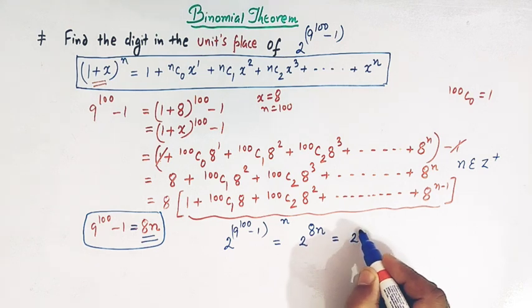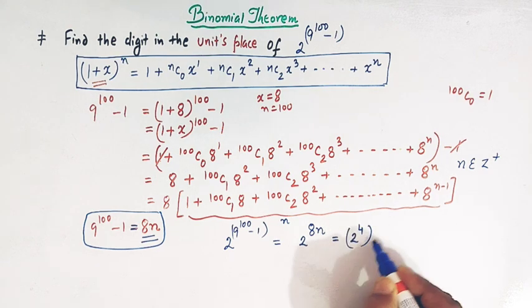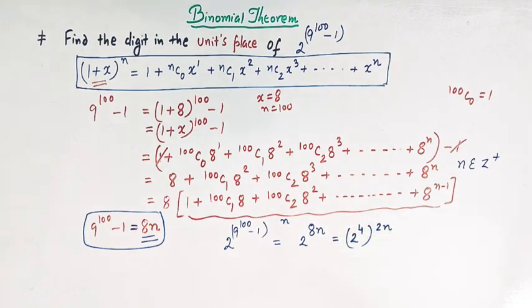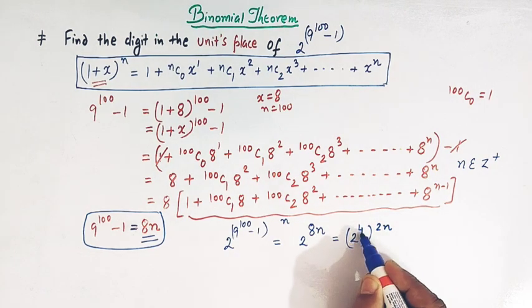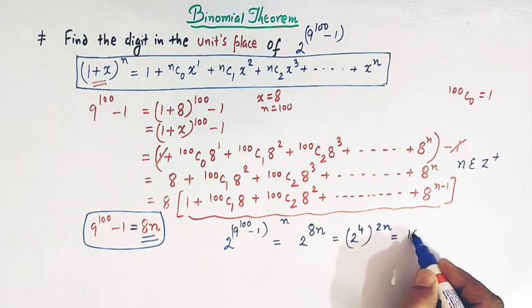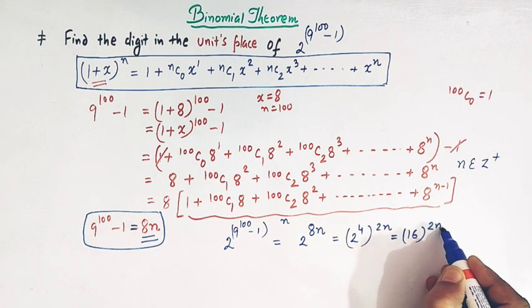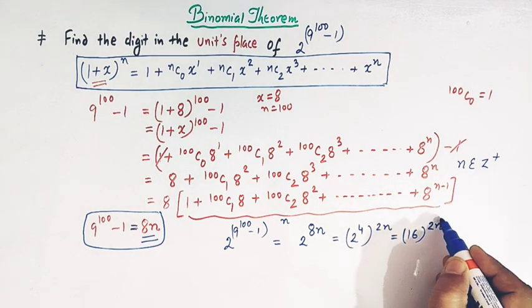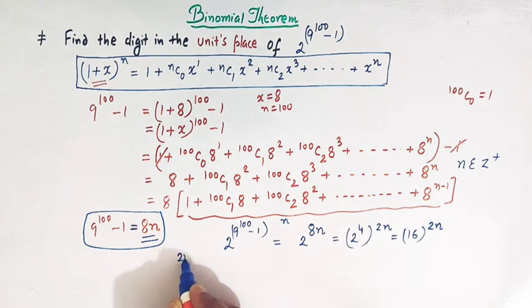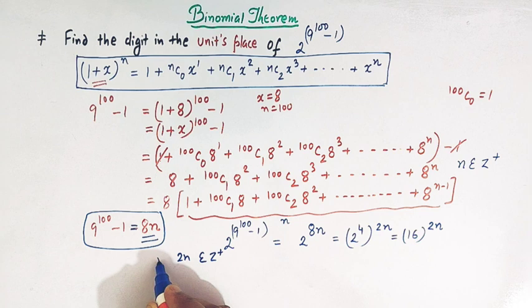So now let us write 2^(8n) like this. We can write it as 2^4 raised to 2n, so 4 times 2n is 8n, and 2^4 is 16. So now we can write 16^(2n). Now see, this 2n is a positive integer, so let us denote 2n by m, where m is some positive integer.